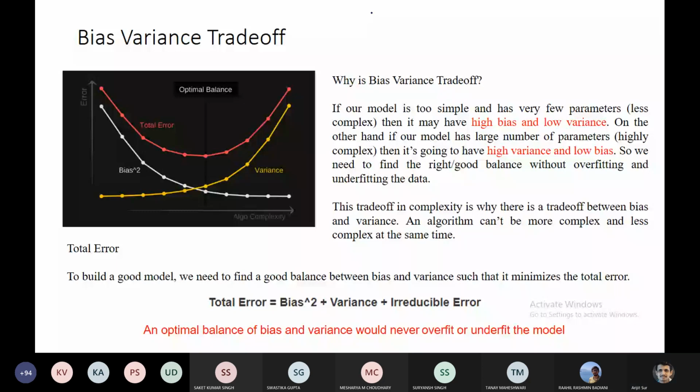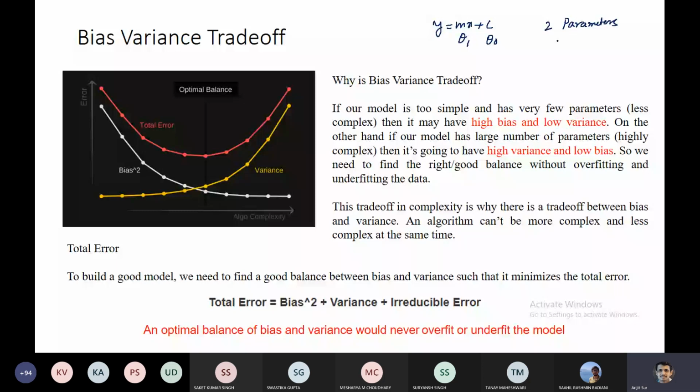If our model is too simple and has very few parameters, what does simple mean? A straight line is simple. Y is equal to mx plus c, this is your straight line. Let's say theta 1 and theta 0, two parameters. So very few features and very few parameters.